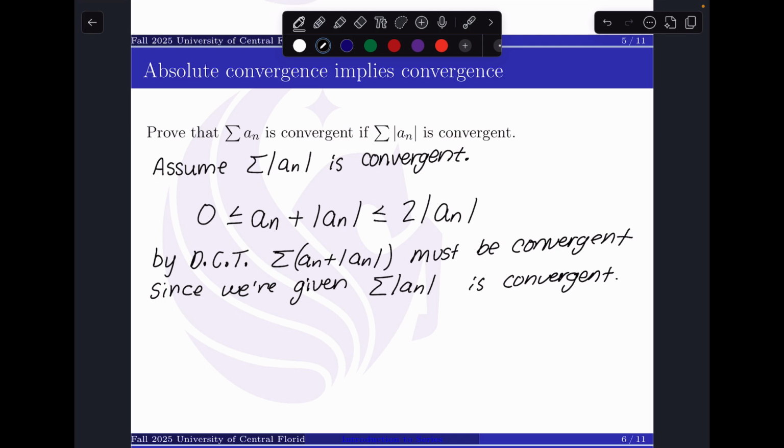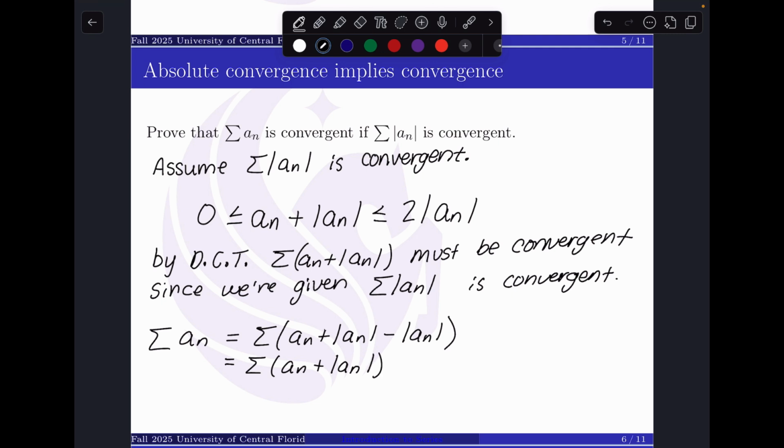All right, so let's try to get out that the series for just plain old a sub n must be convergent. Well, I can rewrite this as the series of a sub n plus the absolute value of a sub n minus the absolute value of a sub n, which is equal to the sum of a sub n plus the absolute value of a sub n, minus the sum of the absolute value of a sub n.